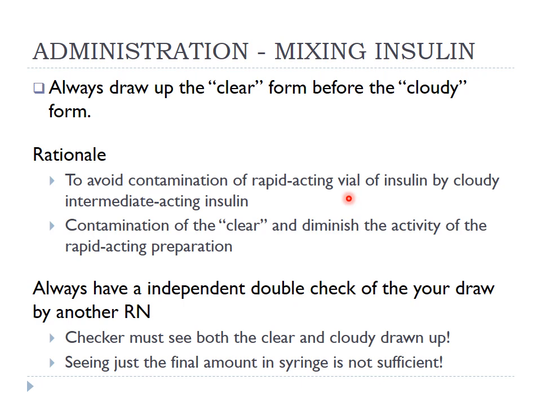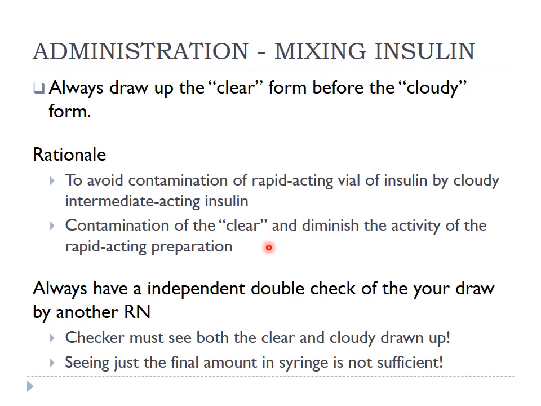But the reason is not that the NPH will screw up the rapid acting and change its properties. What if I were to accidentally put a drop or a unit of NPH, the intermediate, into my rapid acting? What does that do?